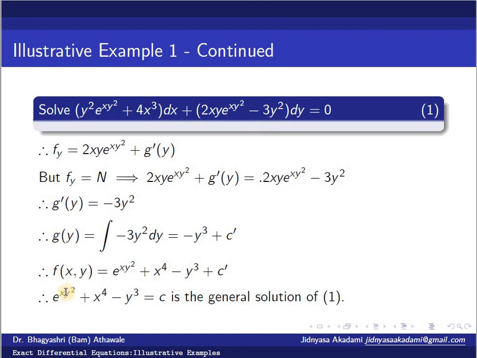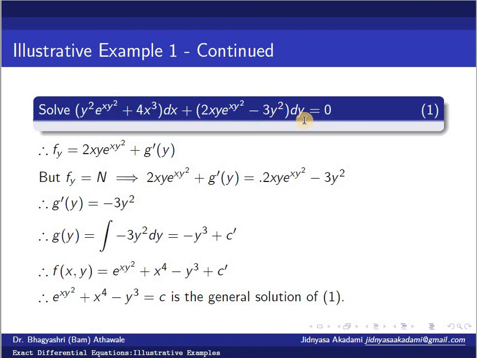So if I find that x⁴, its derivative is 4x³ dx. For minus y³, it is minus 3y² dy, and the total derivative of this function e^(xy²) is its partial derivative with respect to x into dx, which is y² e^(xy²) dx, plus its partial derivative with respect to y, that is 2xy e^(xy²) into dy, is equal to 0.